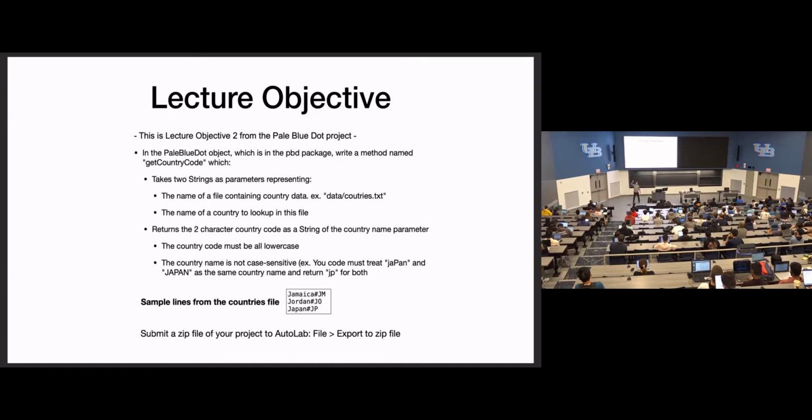And your task is to write a method that takes 2 strings. One is the name of a file that has all the data of all these countries and country codes. And the second string is the name of a country. And your task is to return the country code for that country. And to do that, we're going to do a little bit of case manipulation. So the input can be any mixture of case.